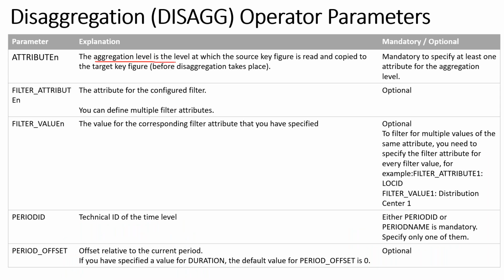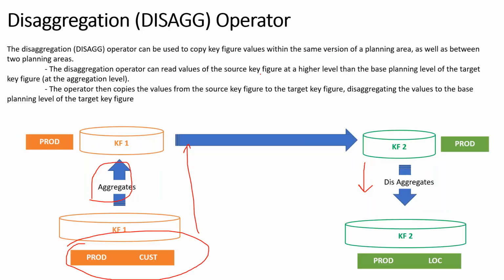The aggregation level is the level at which the source key figure is read and copied to target before disaggregation takes place, and this is mandatory. We can give any aggregation levels, depending upon the key figures that we're playing in.